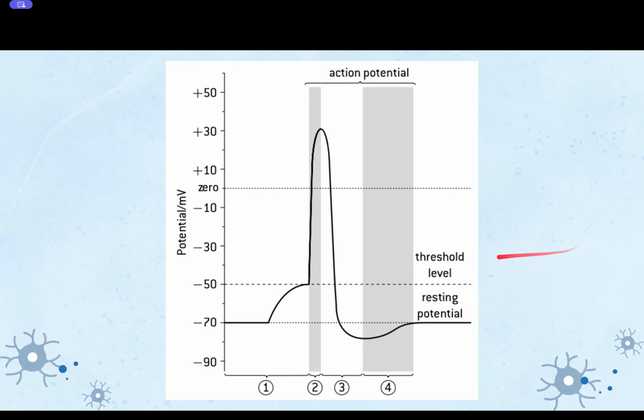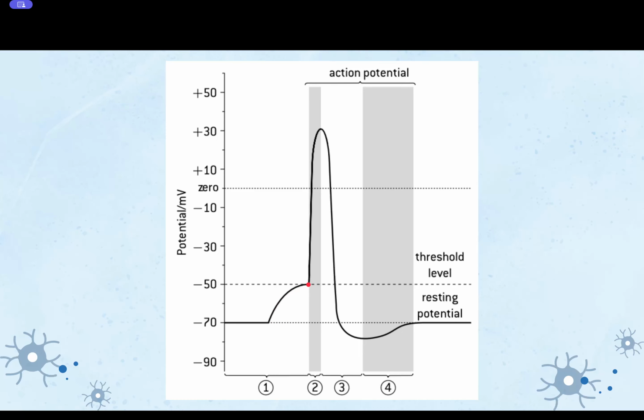So if you look at the entire graph of the process, this is at resting potential, at negative 70. This is when it reaches the threshold potential. This rise is when the sodium channels open.